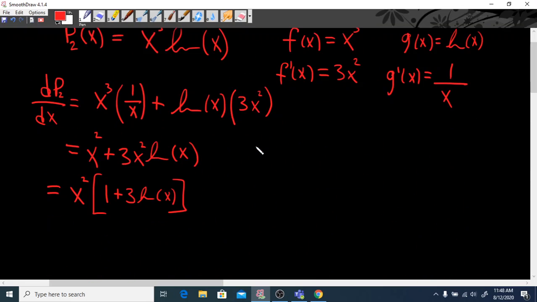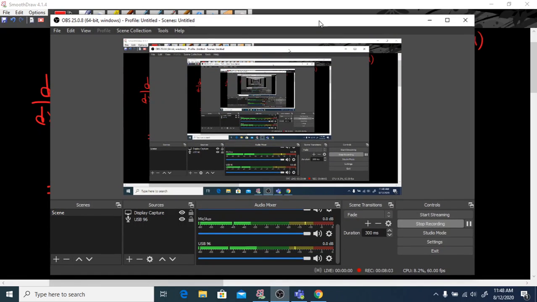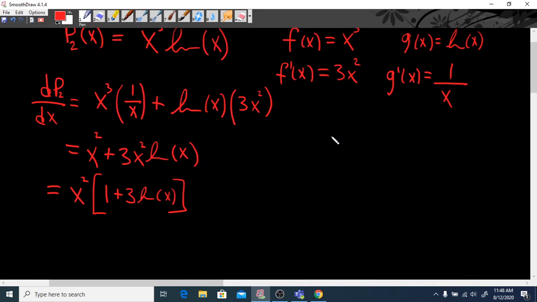more product rule examples. How much time have we gone? If I can, where is the time? 8 minutes. See if we can do another one. A third one. Let me think. Do something like this.